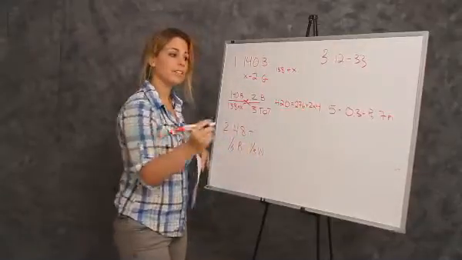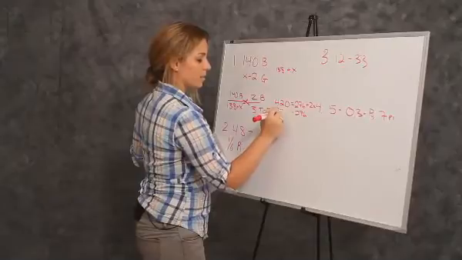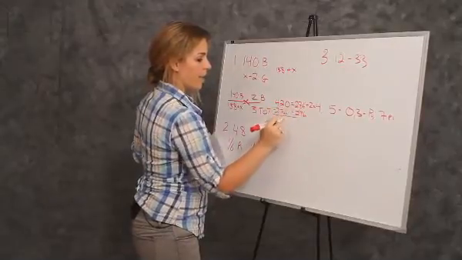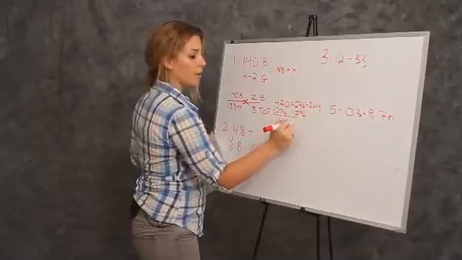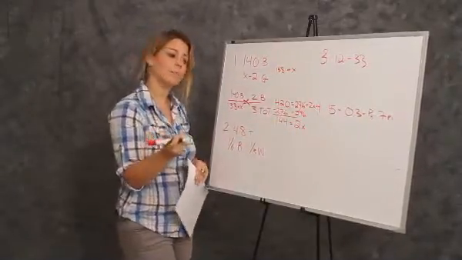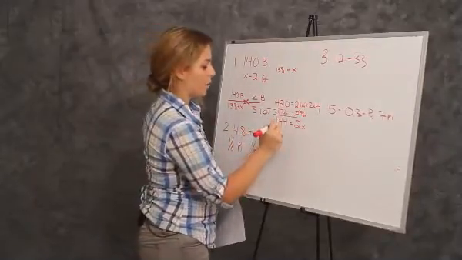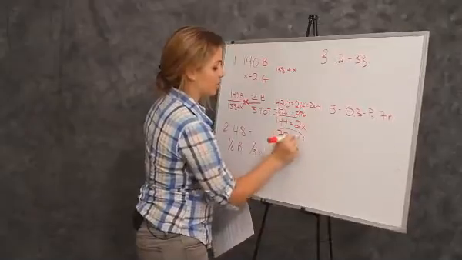So now we're going to subtract 276 from both sides, and we end up with 144 equals 2X. So then all we have to do is divide by 2, and we end up with X equals 72.